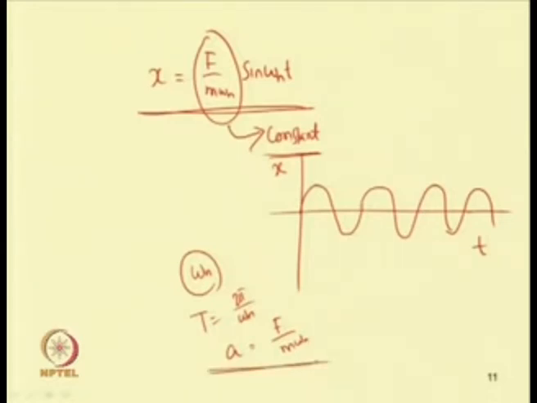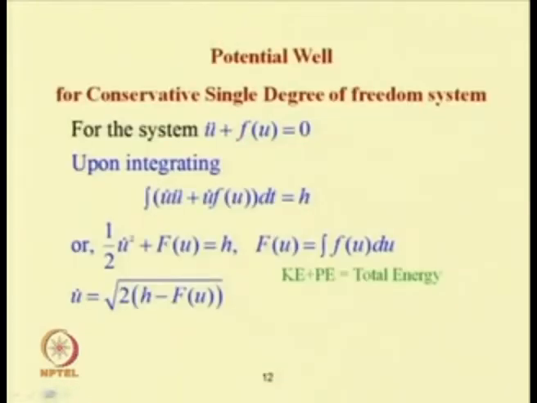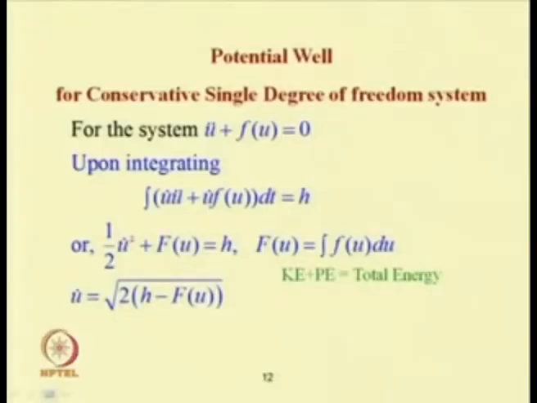But let us see how the system behavior will be in case of the nonlinear systems. We can do the qualitative analysis or quantitative analysis. To recall the qualitative analysis, if the equation is written in the form u double dot plus f(u) equal to 0, then by multiplying by u dot and integrating, u dot u double dot plus u dot f(u) dt equals a constant.